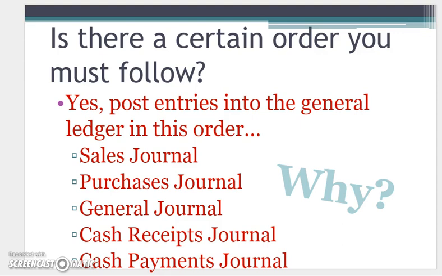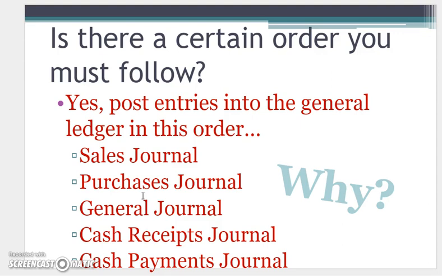The reason this is necessary is that if you don't follow this order, you might end up getting balances in accounts that are unnatural. Here's what I mean by that. We all know that the cash account is an asset account, and asset accounts usually have debit balances. If you did not follow the order that is listed here, you might end up getting a credit balance in your cash account.